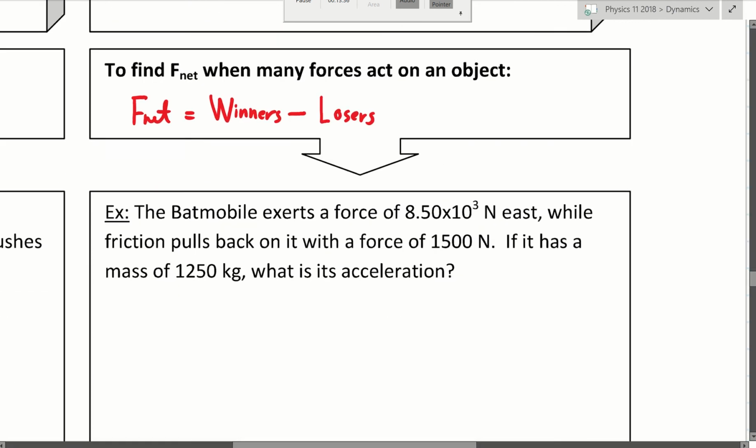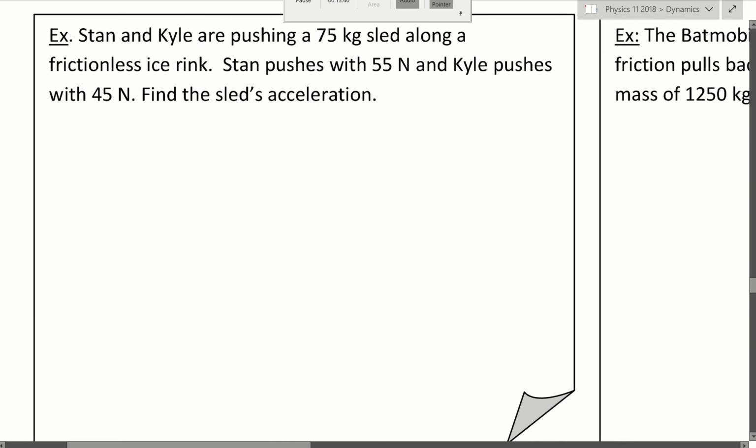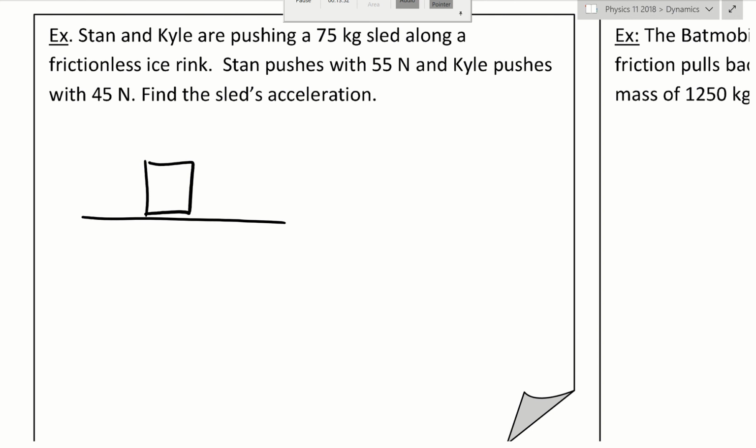Okay, example. Stan and Kyle are pushing a 75 kilogram sled along a frictionless ice rink, so no friction. Stan pushed it with 55 Newtons, Kyle pushed it with 45 Newtons. Find the sled's acceleration. So we basically have two applied forces instead of one.